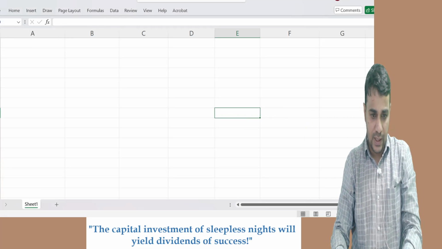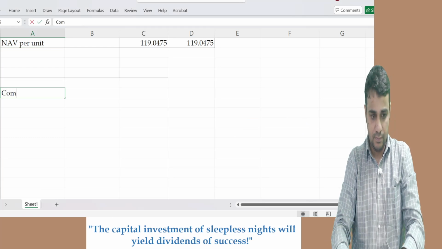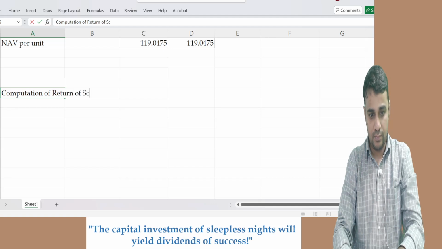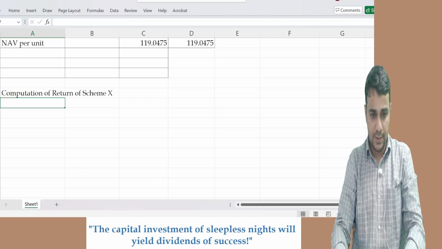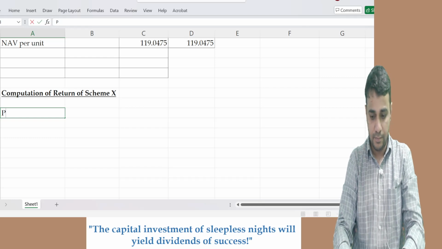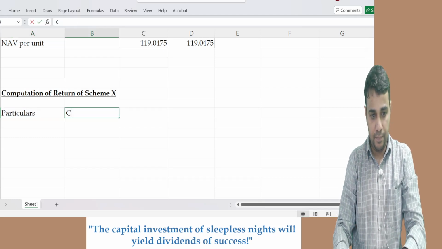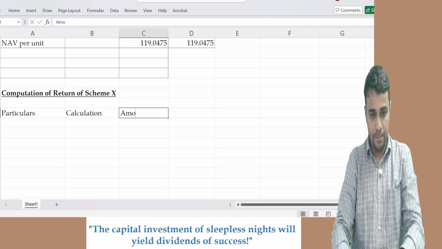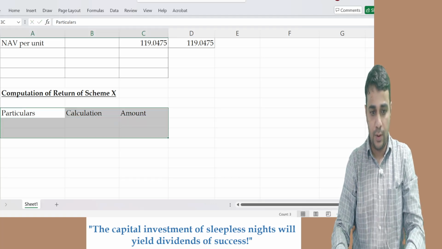Computation of return of Scheme X. Particulars, calculation, amount.